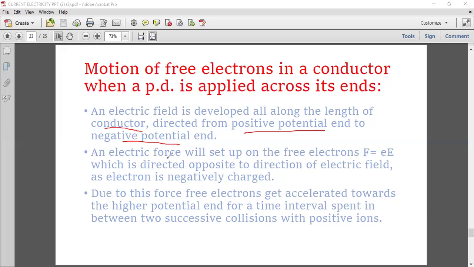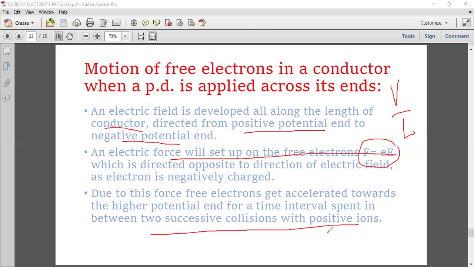Because of this electric field, an electric force will be set up on the free electron, which is given by this, already I explained. Where capital E is capital V upon the length of the conductor. Capital V is potential difference. Due to this force, free electrons get accelerated towards the higher potential for the time interval spent in between two successive collisions.